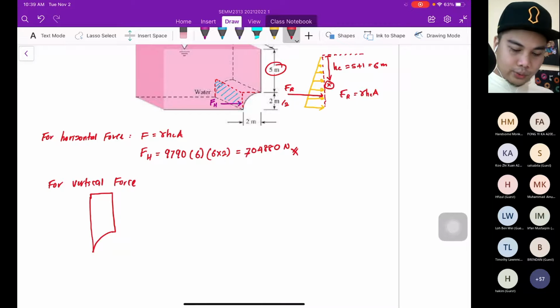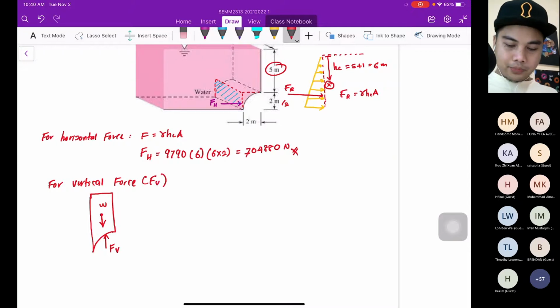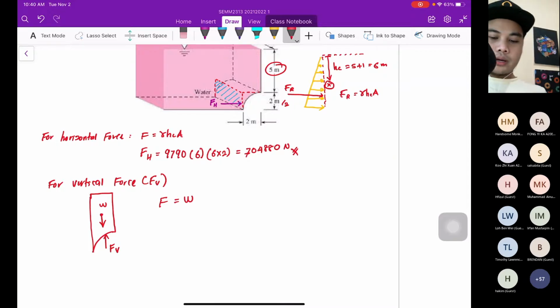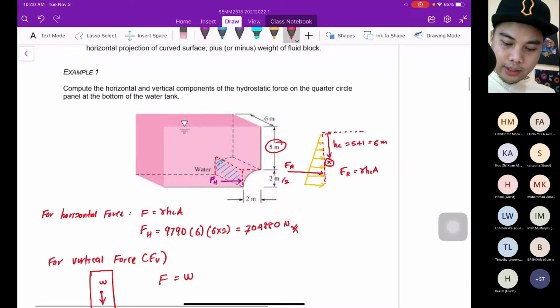Okay, how to calculate this weight? Because we have the FV. So definitely the force in vertical direction is equal to the weight. How to calculate the weight? The weight of this whole thing.